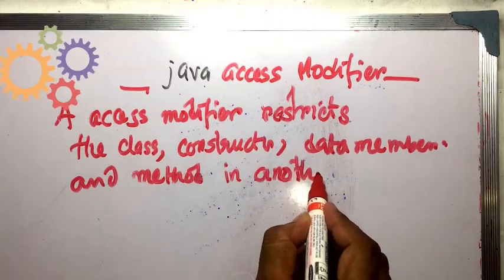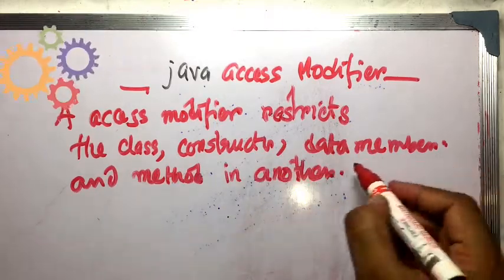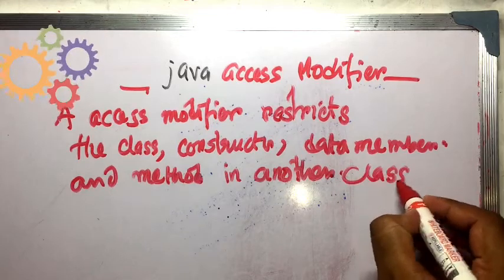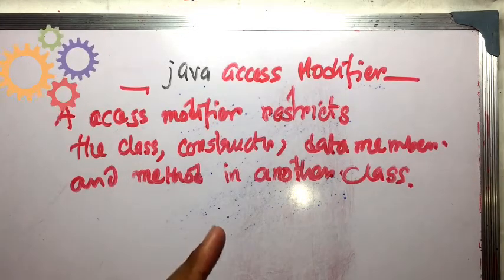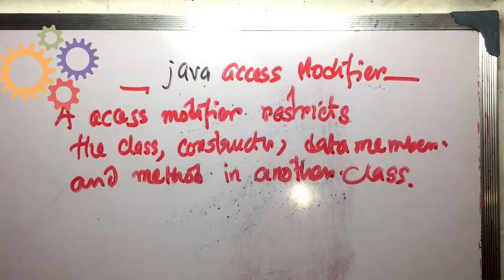So there is a restriction on accessing another class. So an access modifier restricts the class, constructor, data member, and method in another class.